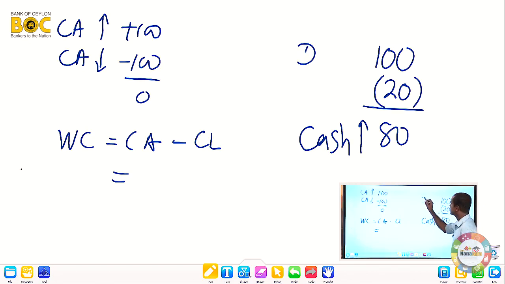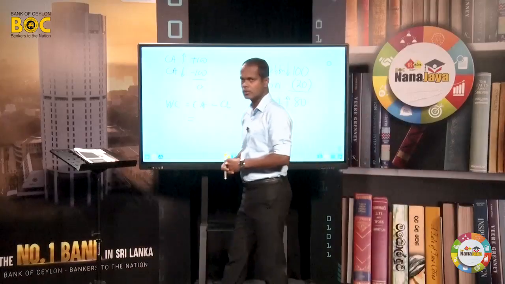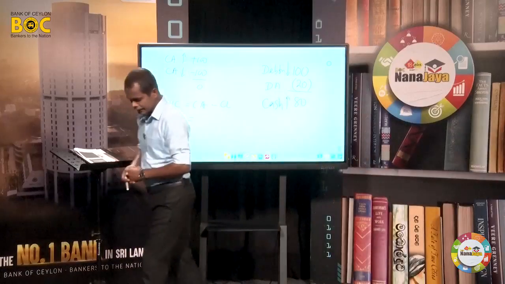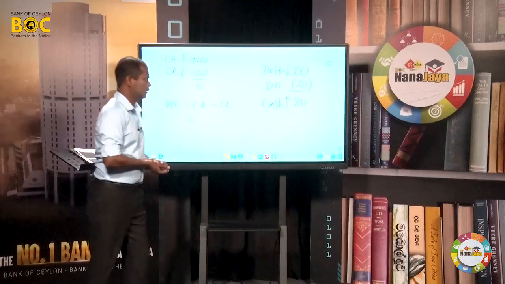Debtors decrease by 100. This is discount allowed, 20. So in this situation, now it's different.